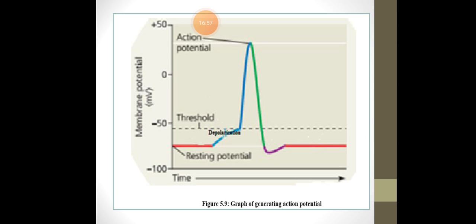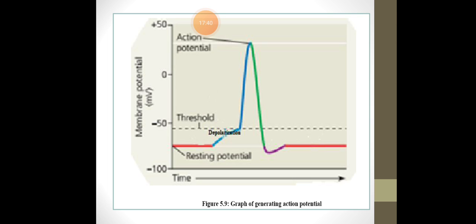In depolarization, the inside became less negative than the outside. In repolarization, sodium channels close blocking sodium inflow, and most potassium channels open permitting potassium outflow.